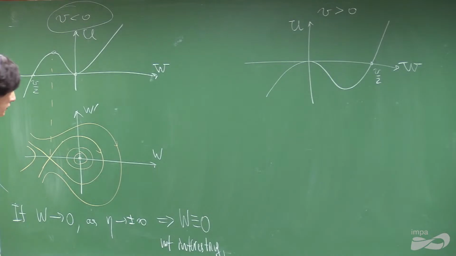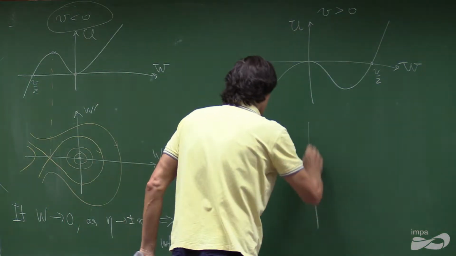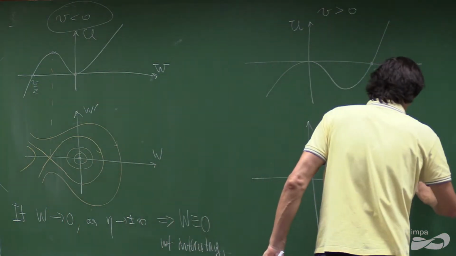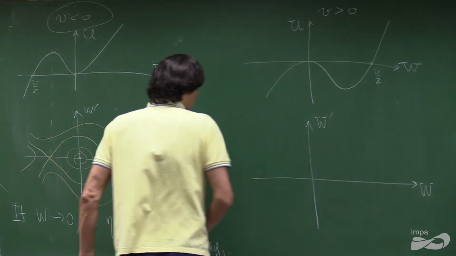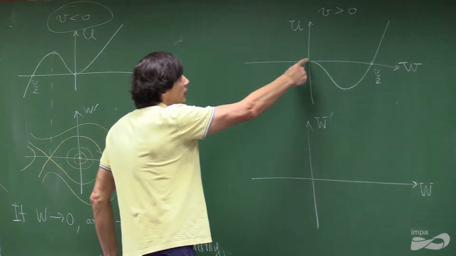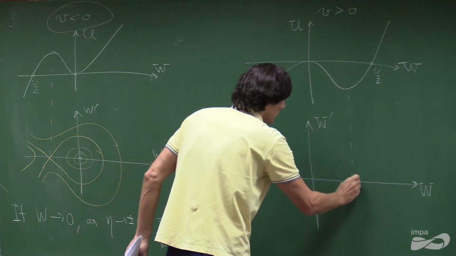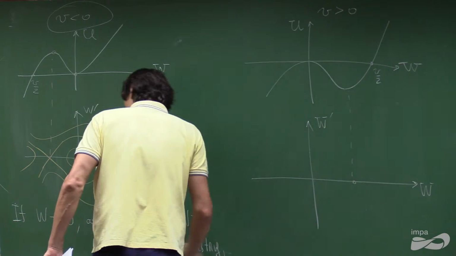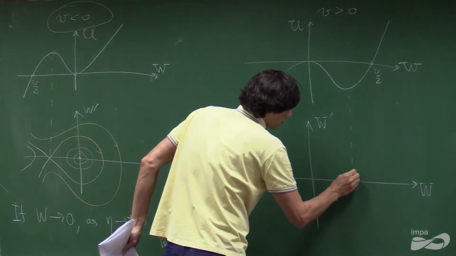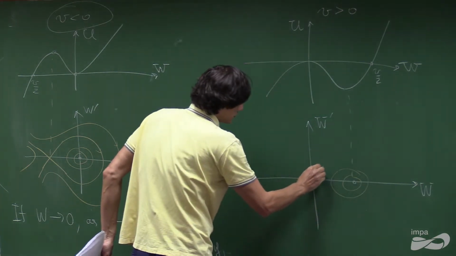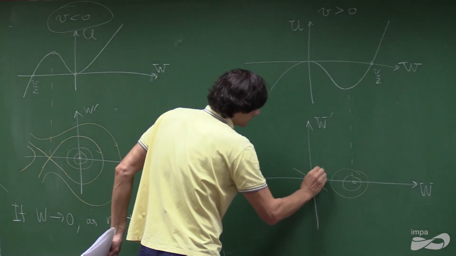And if it has this shape, then the diagram in the phase space, now this is unstable and this is stable. So now the stable equilibrium is here, and this is unstable, coming from 0.